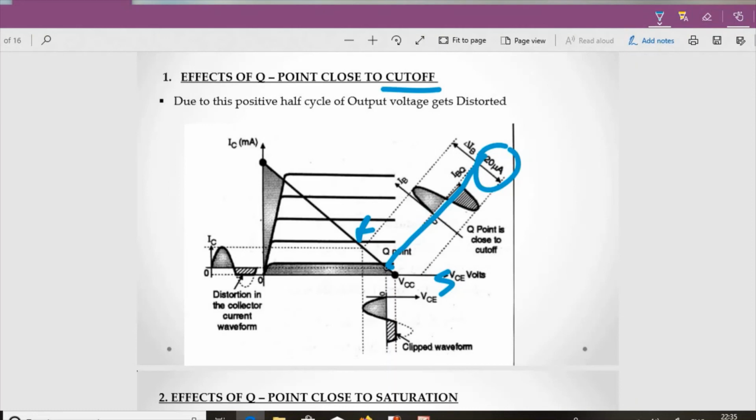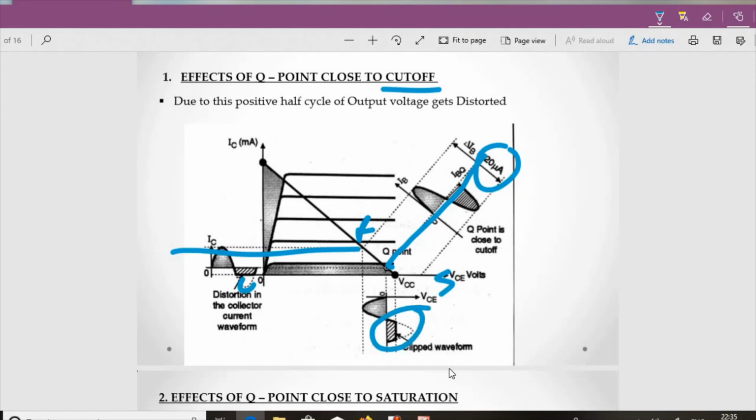But the problem is, when you extend these points, this much part of your IC value is actually distorted, which means you are not getting the full IC. Similarly, when you consider the voltage, which is not in phase with the IB, its positive half cycle is clipped off.